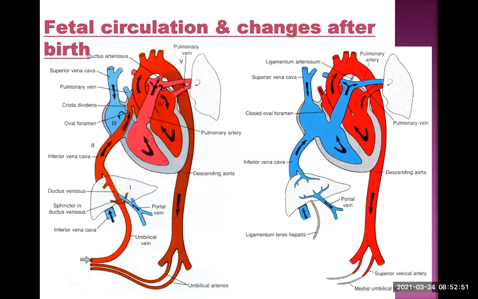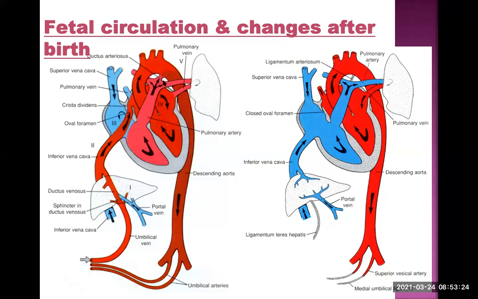But because lungs are non-functional and pressure is way too high, okay, the blood which is there in the pulmonary artery is diverted towards the aorta through the ductus arteriosus. Ductus arteriosus. This is a very important structure in fetal life. So we have noticed three important structures in fetal life. One is the ductus venosus, another is the oval foramen or foramen ovale, and third is the ductus arteriosus.